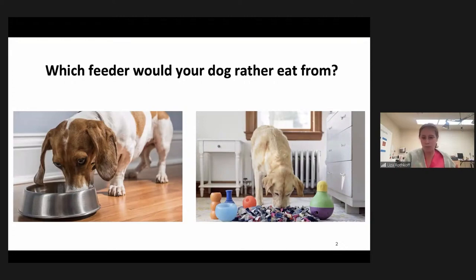If you think about your own dog, do you think they would rather eat from a standard bowl or an enrichment feeder? A standard bowl, as seen on the left, is thought of as being easier to obtain food from, whereas with an enrichment feeder, the dog needs to work for the food. So if you think your pet would rather use an enrichment feeder, then your pet might be a contra-free loader.